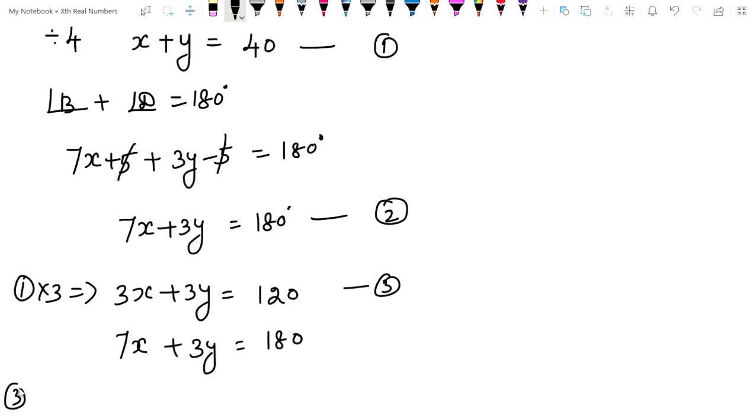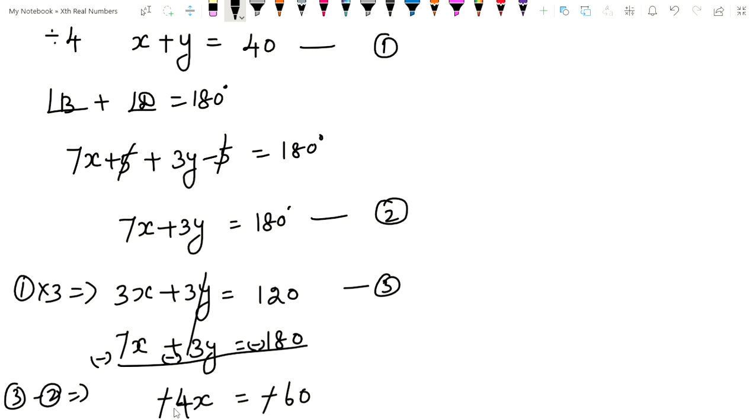So 3 minus 2 implies I have to change the sign. Minus, minus, minus. Okay. So now cancel this. 3x minus 7x, what you will get, children? Minus 4x equal to minus 180 plus 120, what you will get? Minus 60. So minus minus cancel.